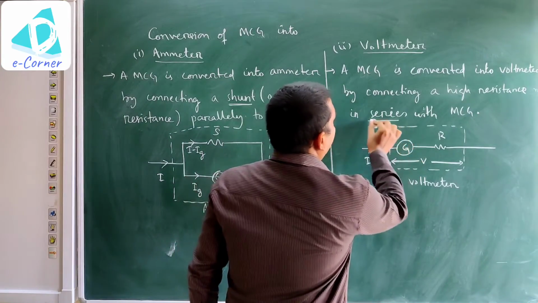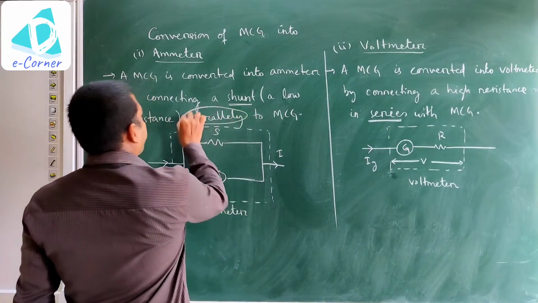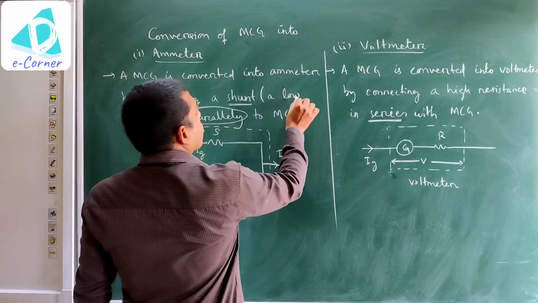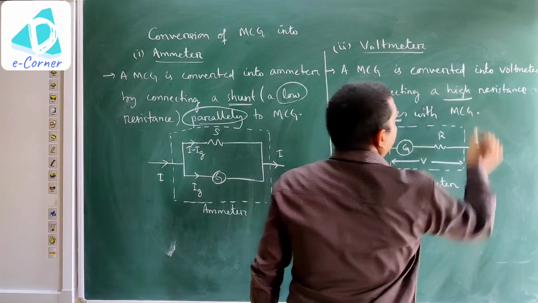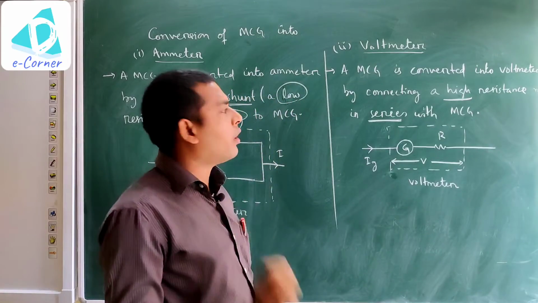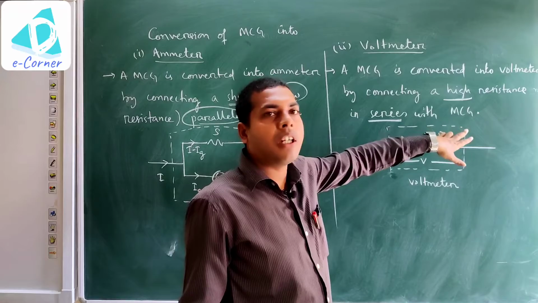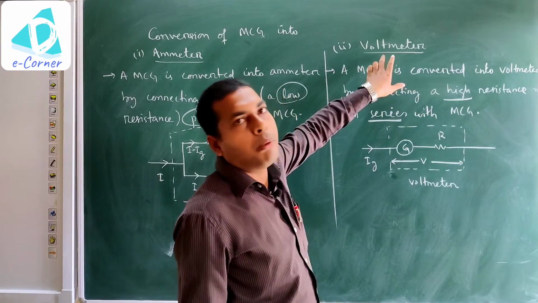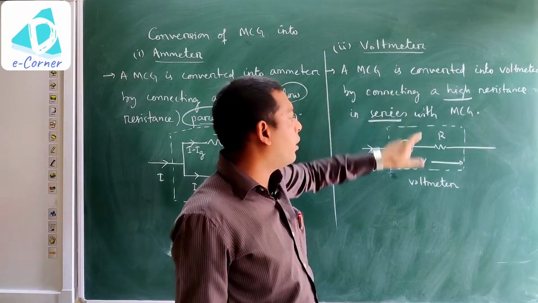So these two are important. This is series, this is parallel. Again, this is shunt or low resistance, whereas this is your high resistance. Got it? So these two are important things. High resistance is connected in series with the moving coil galvanometer to give the voltmeter, to manufacture the voltmeter.